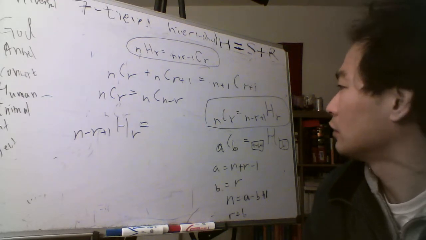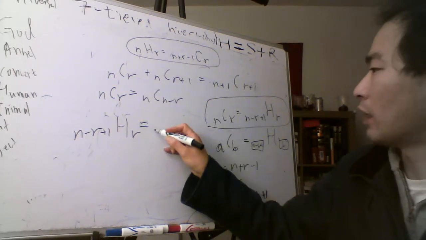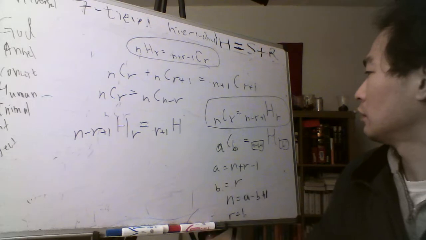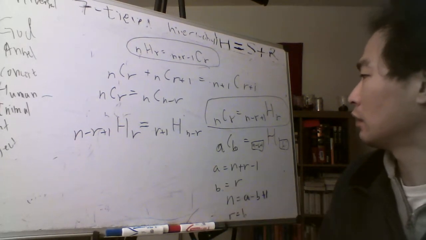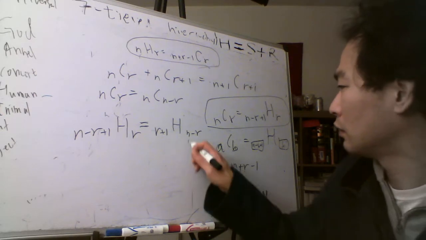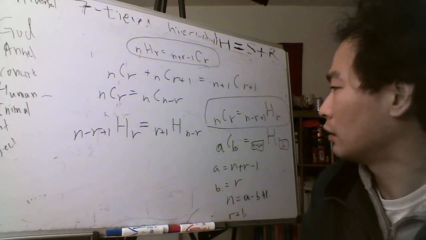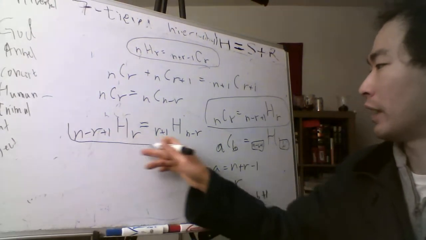It is so confusing. This one minus this plus 1. So we have r plus 1, h, n minus r. Okay? Okay, we got it. So there's one equation for about h.